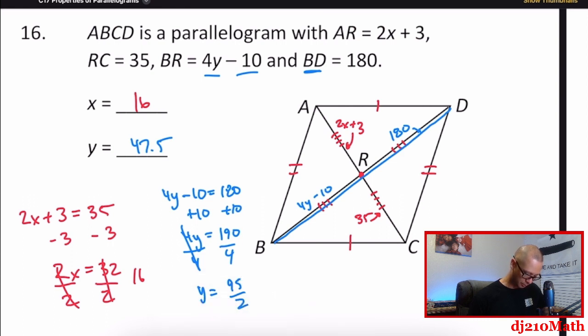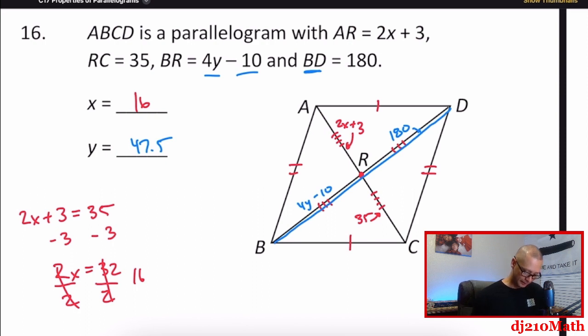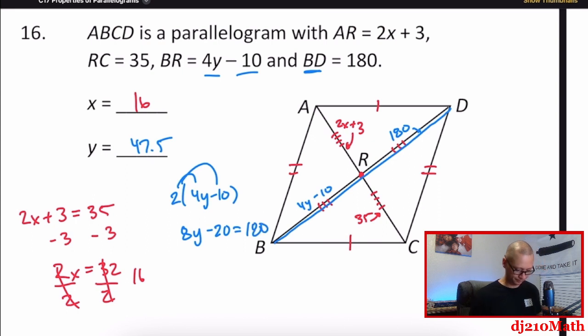It's a good teachable moment here. So BR is just half of the segment, so I've got to double that. We need to double the 4y minus 10. So 4y minus 10 plus 4y minus 10 would be 8y minus 20. And this needs to equal 180.